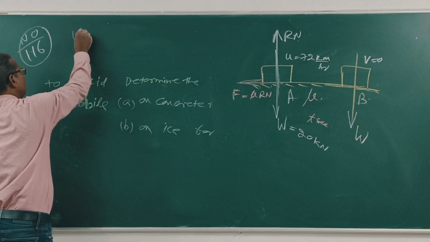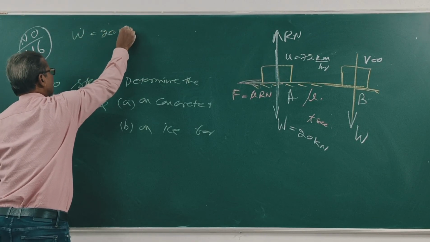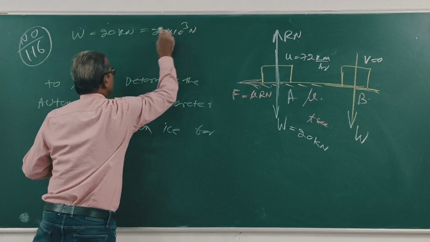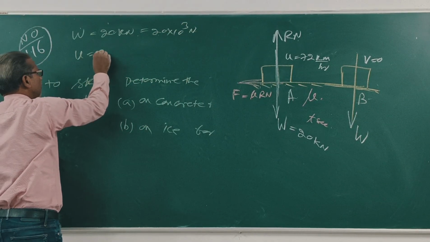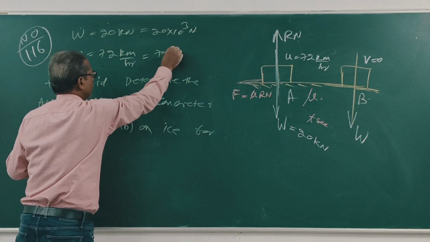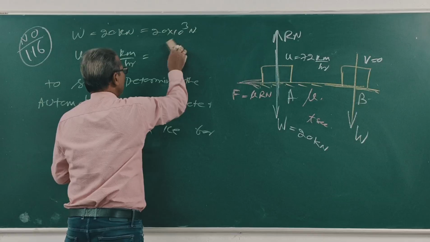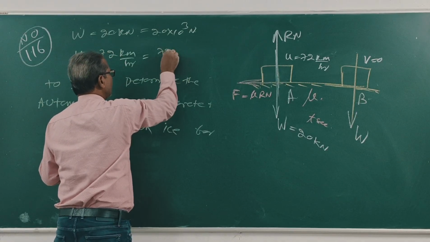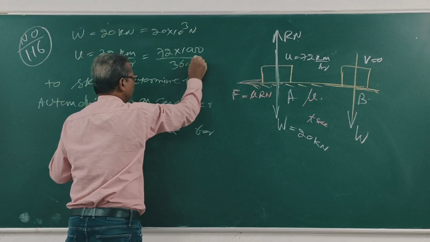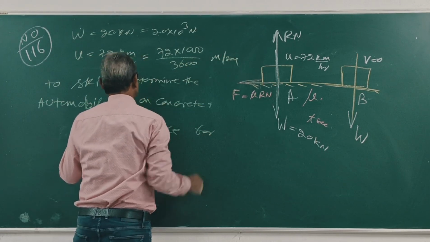W is equal to 20 kilonewton, so 20 into 10 to the power 3 Newton. U is equal to 72 km per hour, 72 into 1000 by 3600 meter per second.